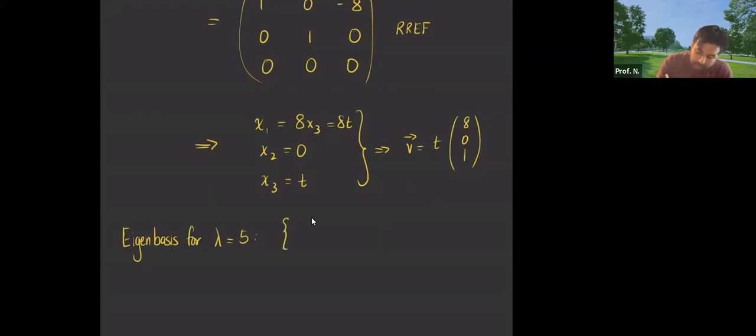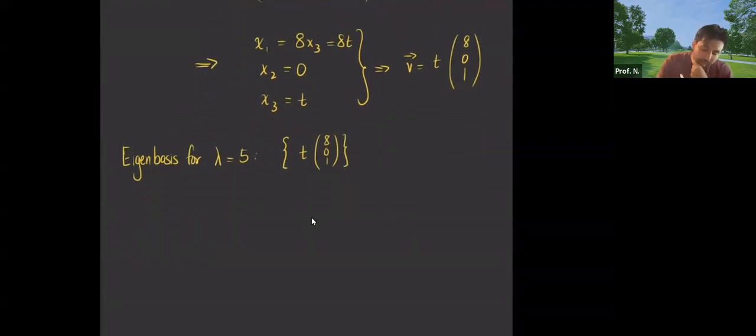The basis is the set of all vectors such that t is a scalar multiple of 8, 0, 1. So any scalar multiple of 8, 0, 1 is an eigenbasis for lambda equaling 5, and then the eigenvector for lambda equaling 5 is just the basis vector of the eigenbasis, which would be 8, 0, 1.